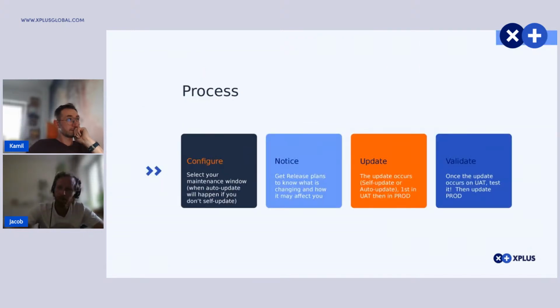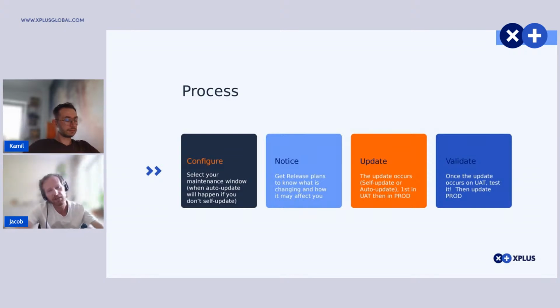Next, I mentioned we'd talk about the process. This is really the standard, automatic process that you go through. Of course, it can be adjusted a little bit, and I'll talk about that after we talk about the standard process first. Firstly, you'll configure. What this means is basically you just choose your maintenance window. So what you're doing is choosing when Microsoft will go ahead and do the automatic update for you.